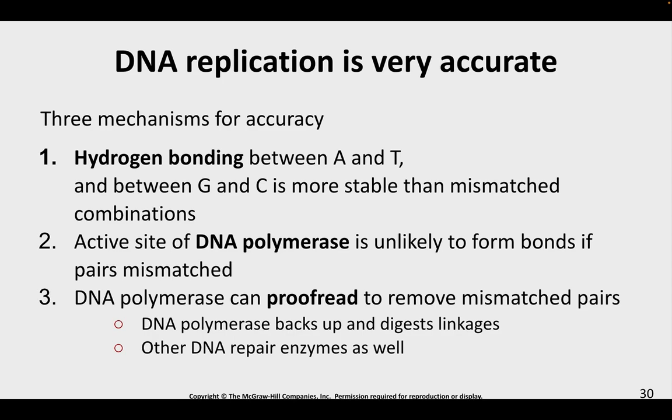Even though DNA polymerase 3 is really good at what it does and very unlikely to form a mismatched pair, DNA polymerase 1 will go back, double check the work, proofread it, and if there is a mistake, it has the ability to remove mismatched pairs and replace them with the correct one. Now there are a few other methods as well that help in proofreading, but these are 3 of the main ones.